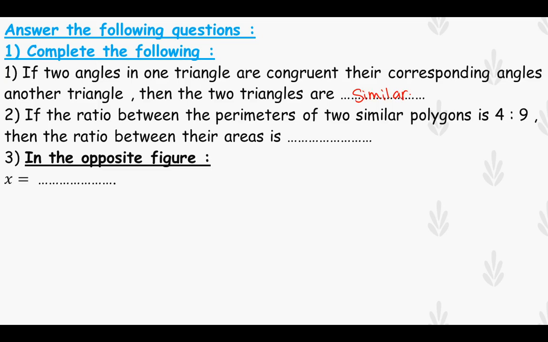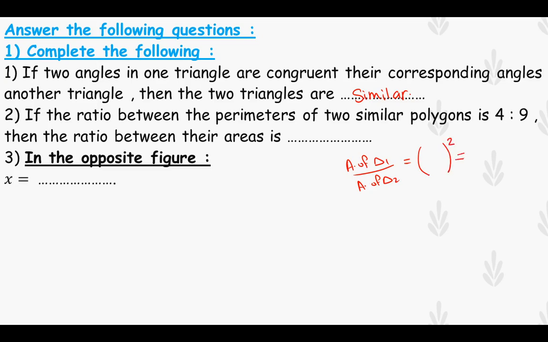Okay? If the ratio between the perimeters of two similar polygons is 4 to 9, then the ratio between their areas is, we all know that area of triangle 1 over area of triangle 2 equals the ratio between two corresponding sides to the power 2.